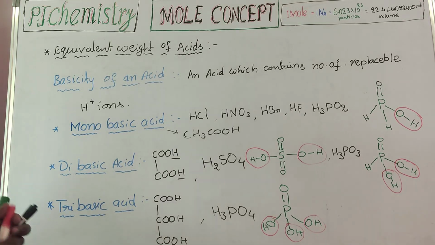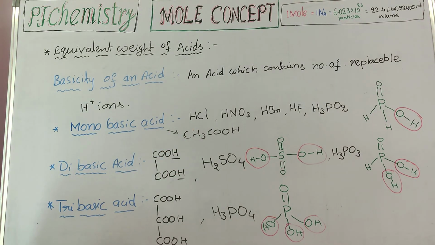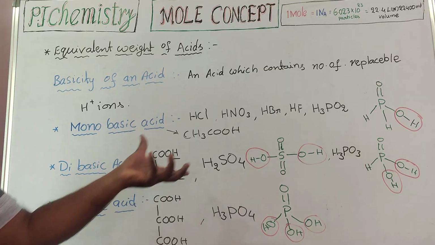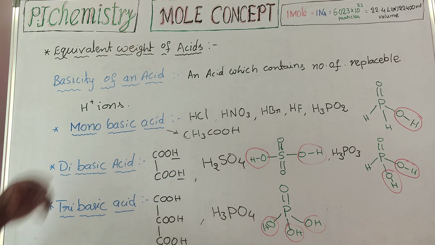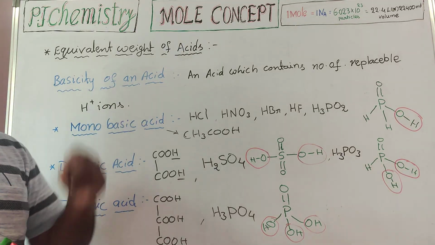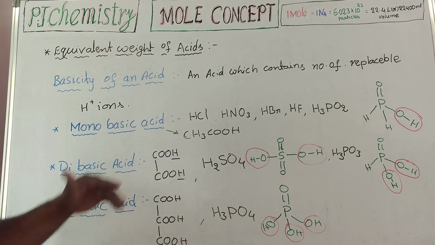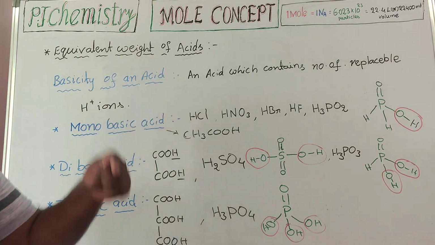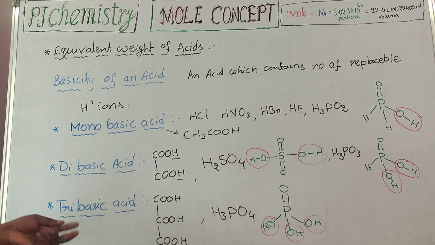Yes, children, this is the way of finding the basicity of an acid as per the structure. Okay. So the basicity of an acid is nothing but the number of replaceable hydrogen ions present in a molecule of acid. So monobasic acid means 1 replaceable hydrogen ion, dibasic acid 2, tribasic acid 3.